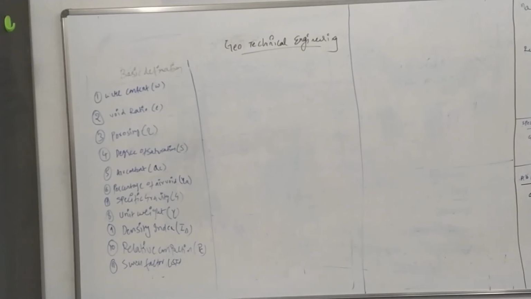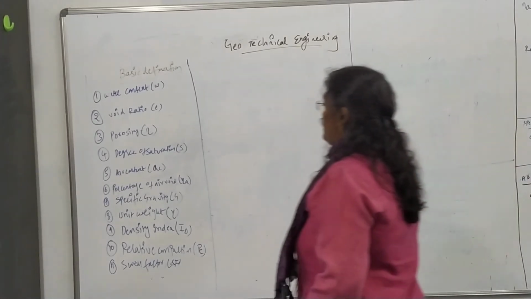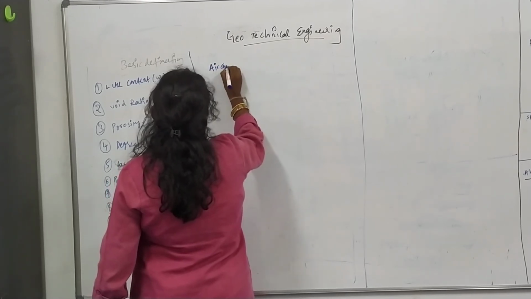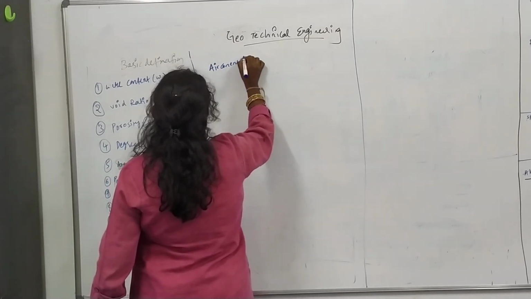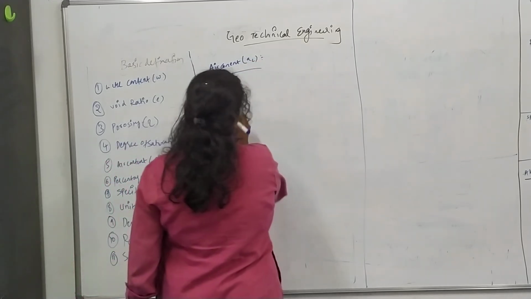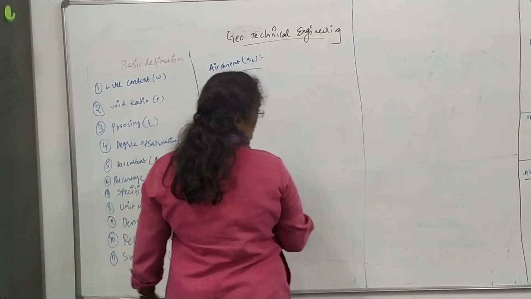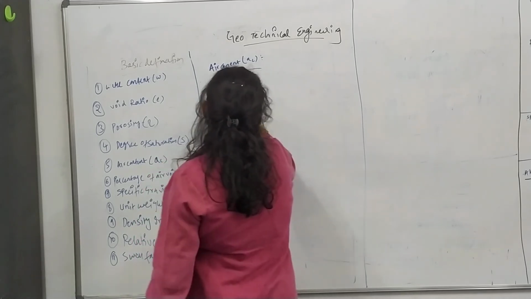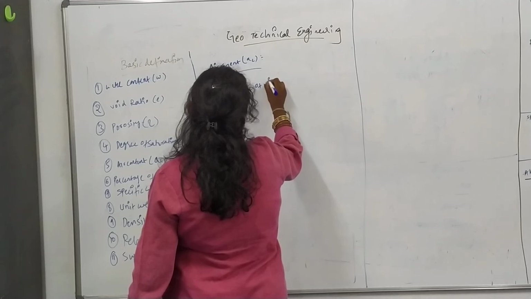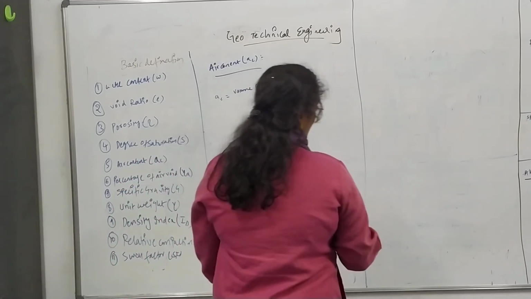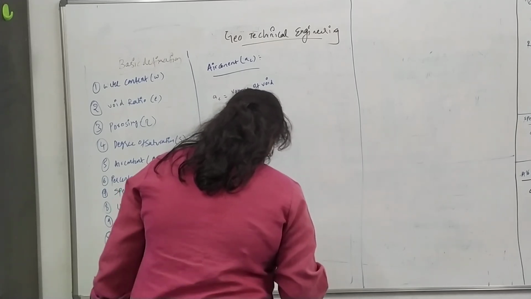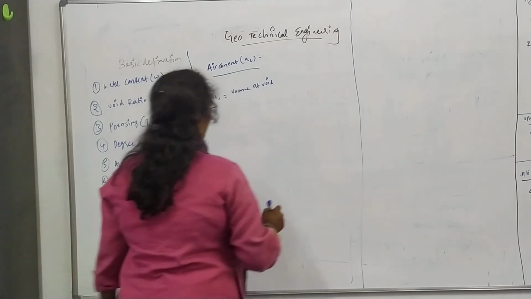Right. Next, till now we have studied the degree of saturation. Next we will study the air content. Air content is represented with AC. Volume of voids will be filled with air or water.